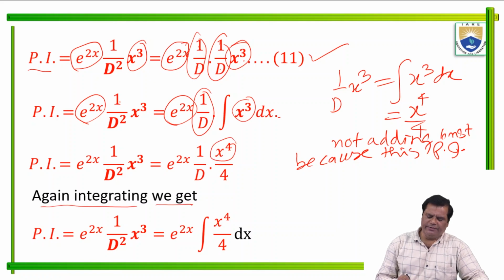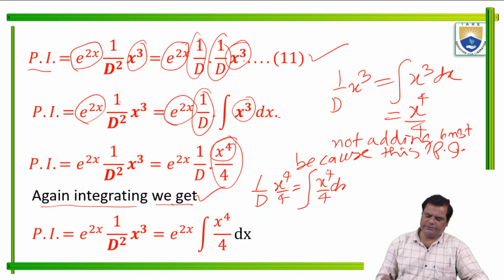Again integrating with respect to x, now the function is x to the power 4 by 4. So again integrating, 1 upon D x to the power 4 by 4 means integration of x to the power 4 by 4 dx. So this is x to the power 5 by 5 into 4, so x to the power 5 upon 20.